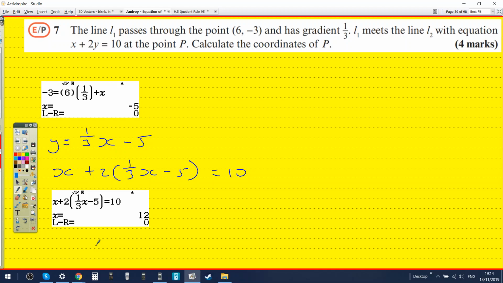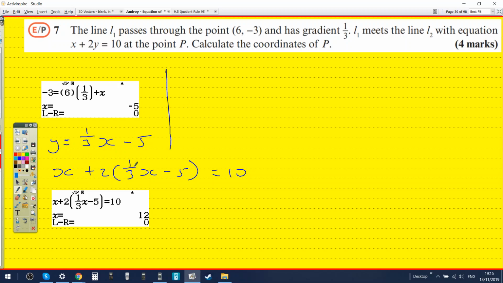I started from x plus 2/3 x minus 10 equals 10. Then I did x plus 2/3 x equals 20. Then I did 2x equals 30. And then I did x equals 15.